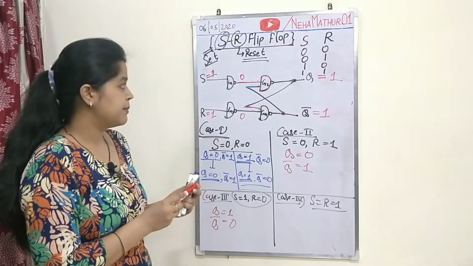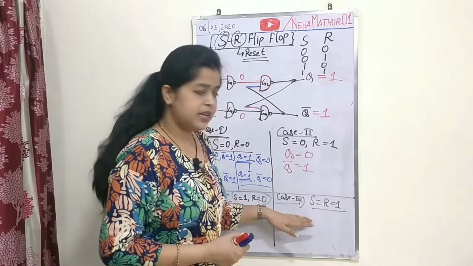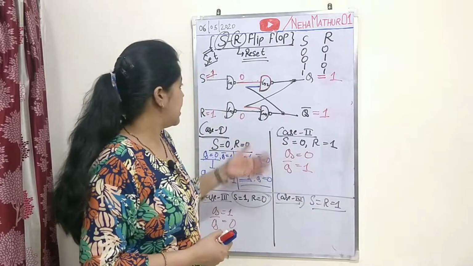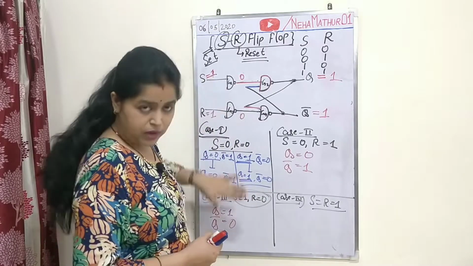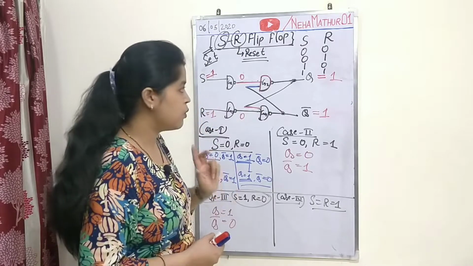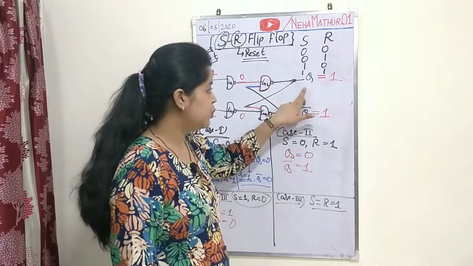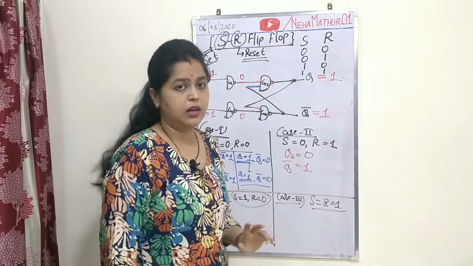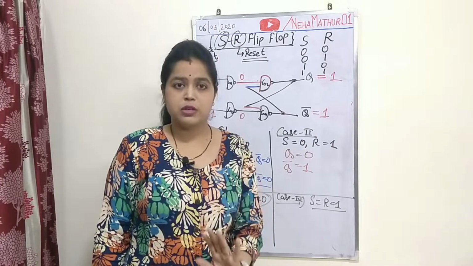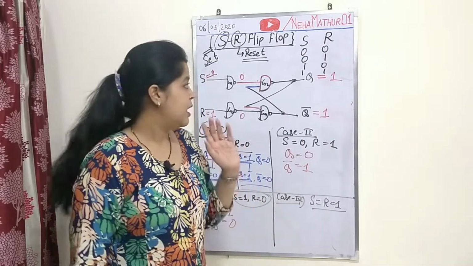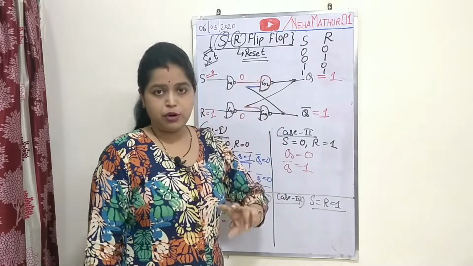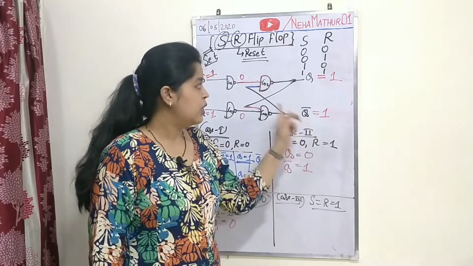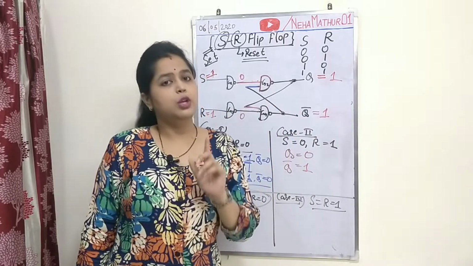Now see, in this case, when S is equal to 1 and R is also equal to 1, then both Q and Q bar are equal to 1, which is not possible practically, because as I told you in the basics of flip-flop, Q and Q bar should always be complements of each other.